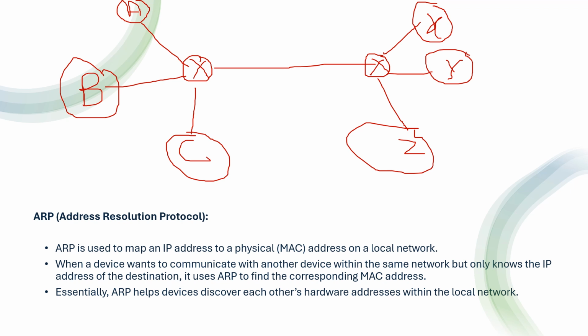Similarly, suppose A wants to know the MAC address of Z, which is outside the network. It does the same process.